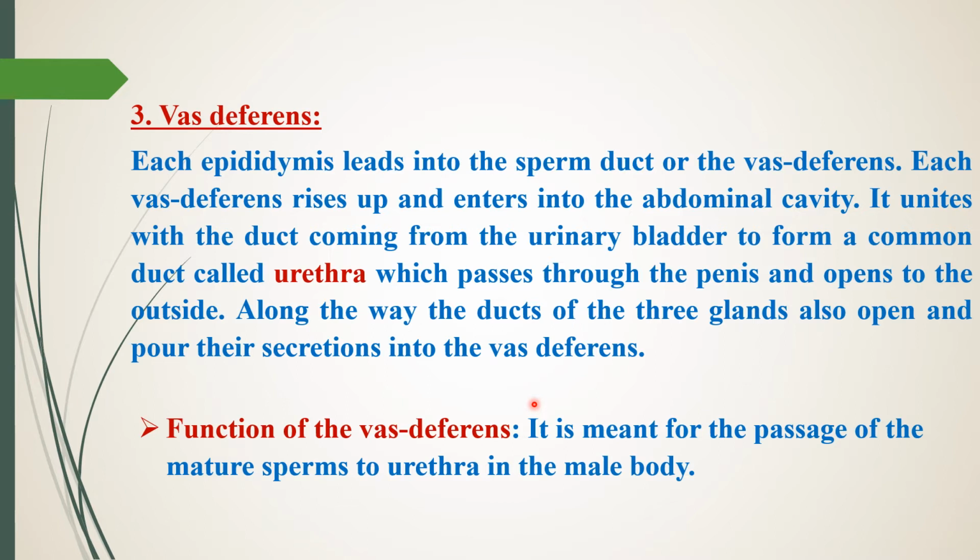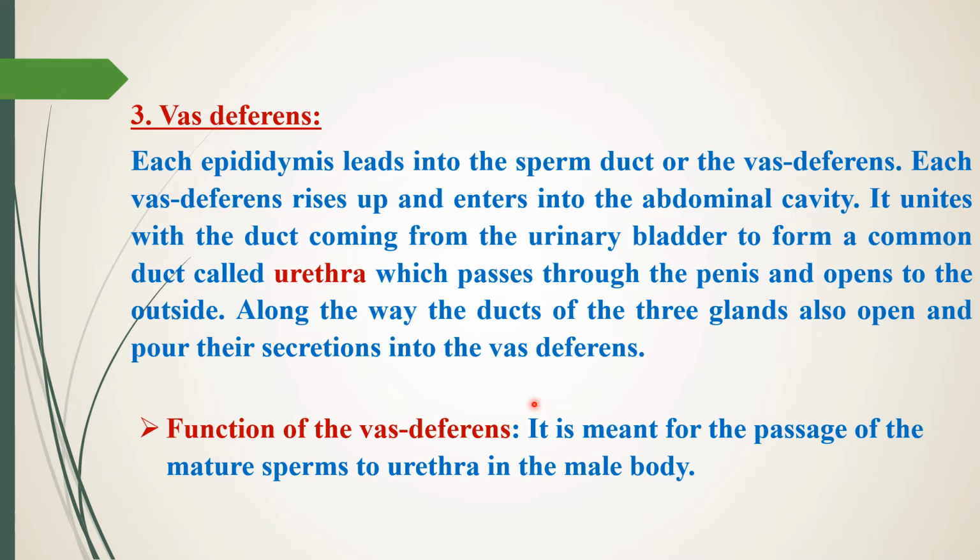Along the way vas डिफरेंस के जो वे में है, मैंने इससे पहले कहा था 3 ग्लैंड्स मेल असेसरी ग्लैंड होते हैं वो आते हैं और जो भी उसकी सिक्रेशन होती है वो भी स्पर्म्स और यूरिन के साथ में मूव करती है.